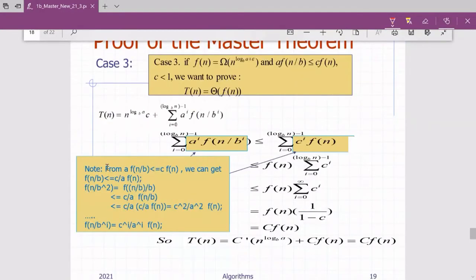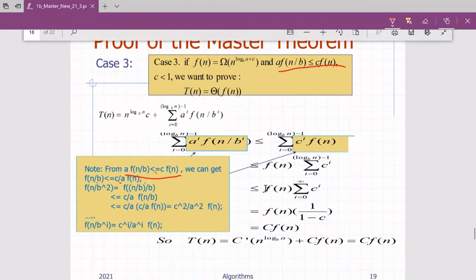So from a f(n over b) less than or equal to c f(n), we can get f(n over b) less than or equal to c divided by a times f(n).